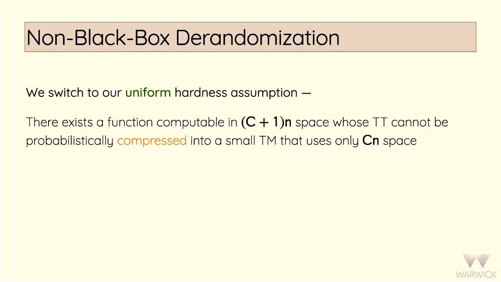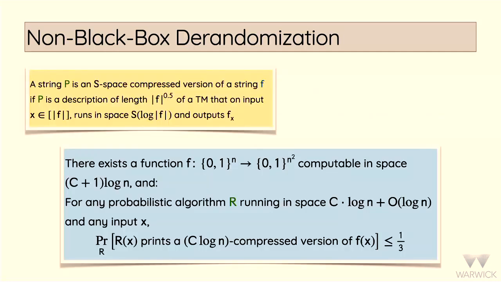This might be a mouthful, but know that it's a uniform hardness assumption, and it's a compression-based hardness assumption. If you really want to know the hardness assumption, it's on that slide, but I don't want to go over everything. If you're really interested, I'll give you a few seconds to glance at it.